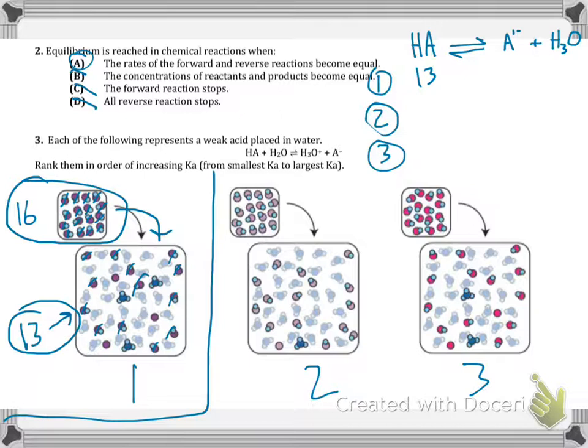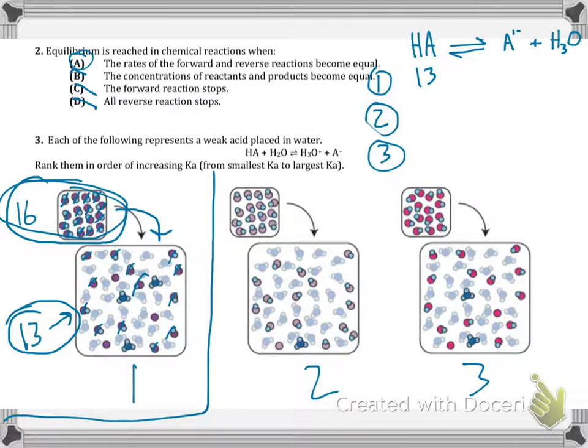Go ahead and pause the video real quick and think about that for a moment. We started with 16 here. In solution, we end with 13. If we ended up with 13, how many of them became product? Well, we started with 16. Now we have 13.